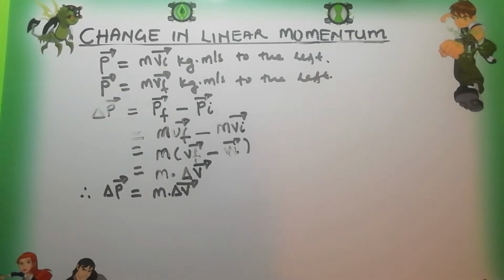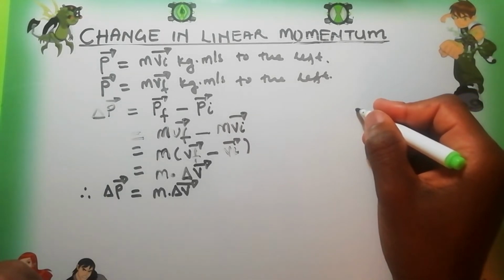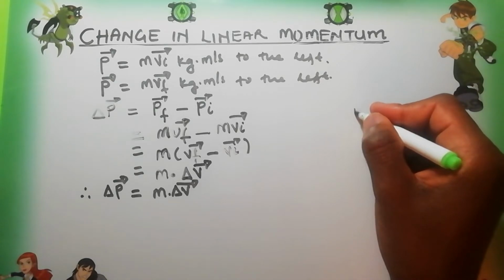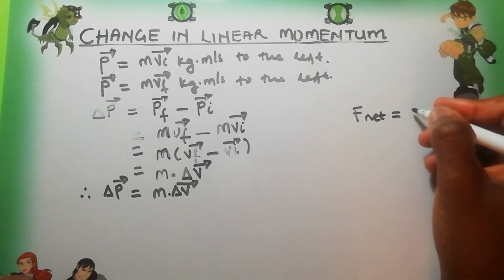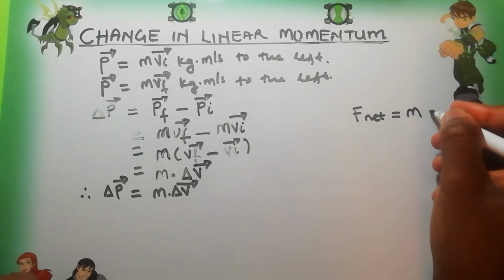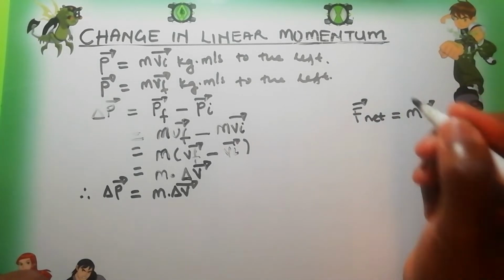Now let's see how change in momentum of an object is related to Newton's second law. We know that Newton's second law is defined by this formula: F net equals mass multiplied by the acceleration.